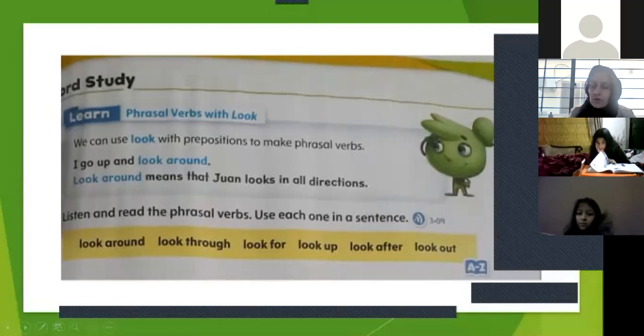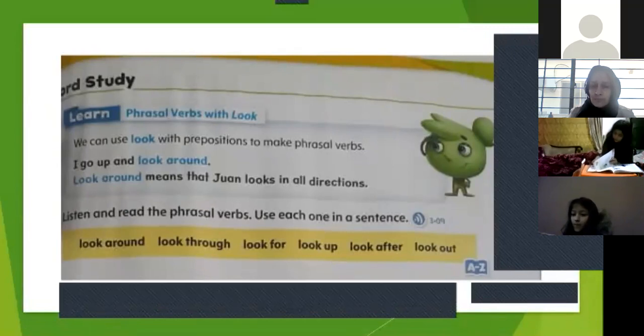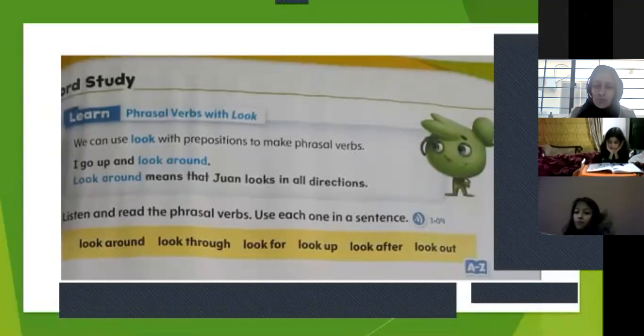Simply, look means when you look for something, but when you attach different words to it, the meaning of the word changes. How it gets changed, let's find out.